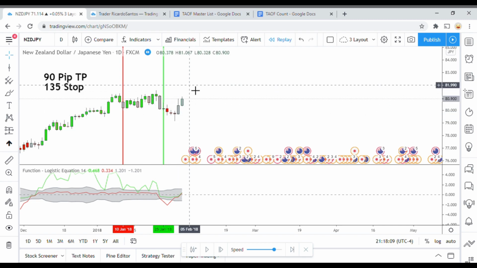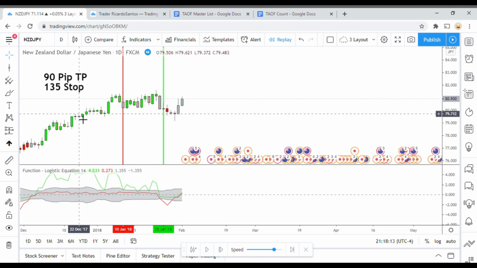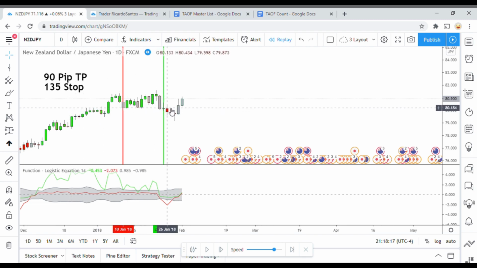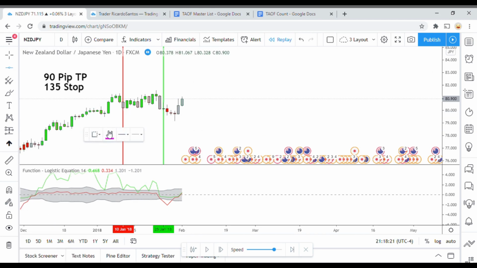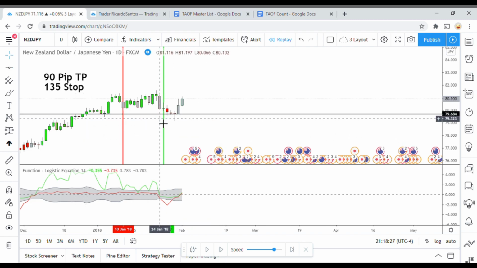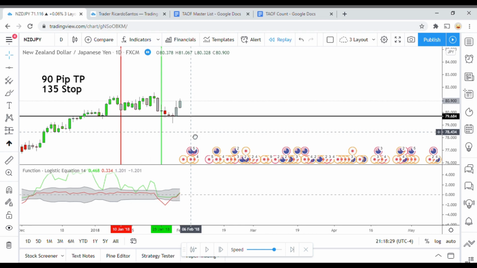So price action looks like it's made this rebound here, came down, hit this level right here, and shot itself back up. Again, if this was me and I was actually reading this information, I would mark this out as a line right there.